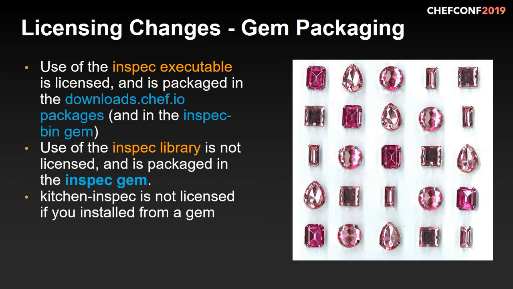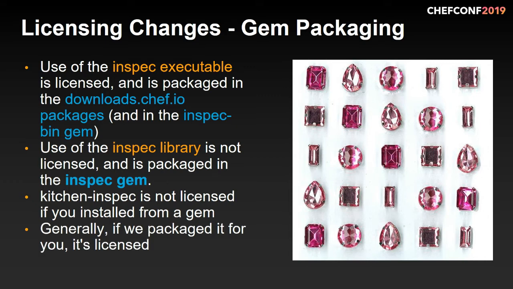Maya, did you want to add anything other than that? Like audit cookbook or kitchen inspec should all be handled by the Chef licensing. But if you're requiring inspec as a library, that's going to be fine. If we package it for you, then it's licensed.